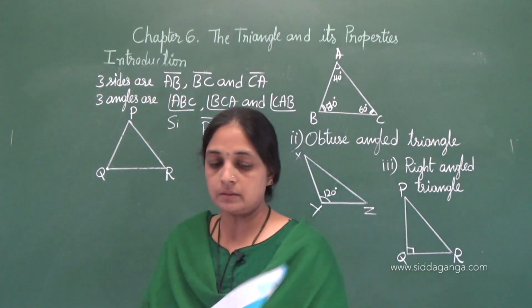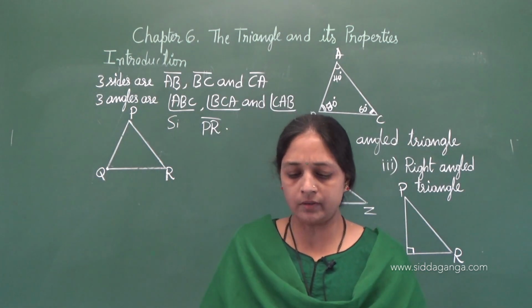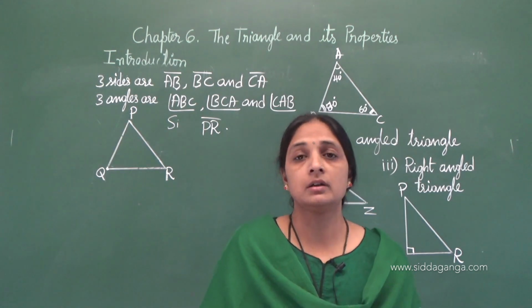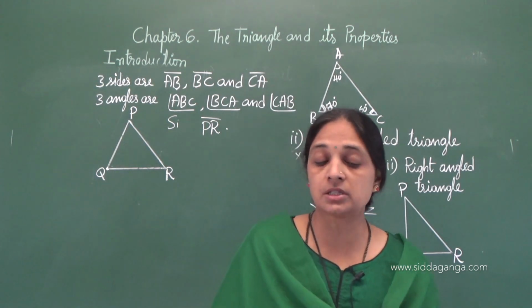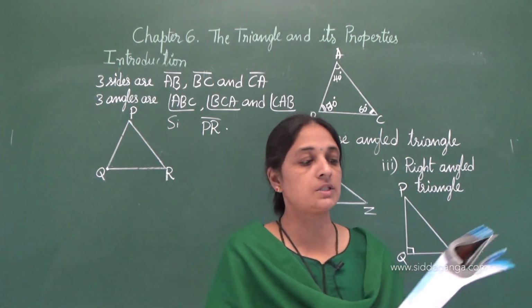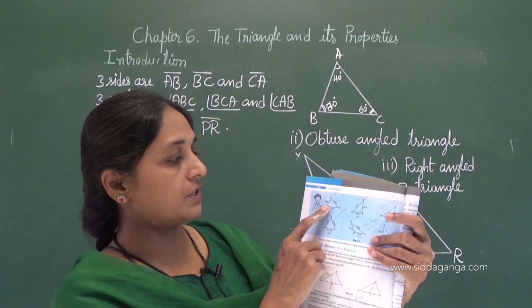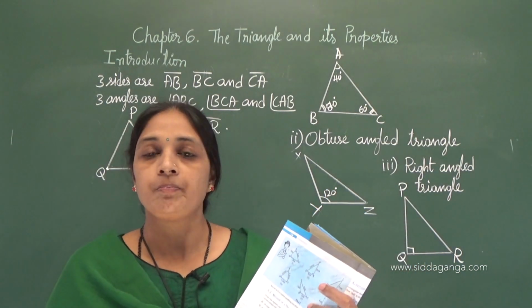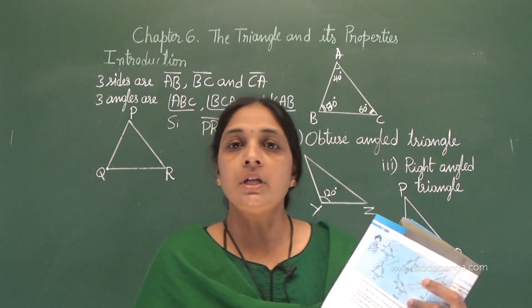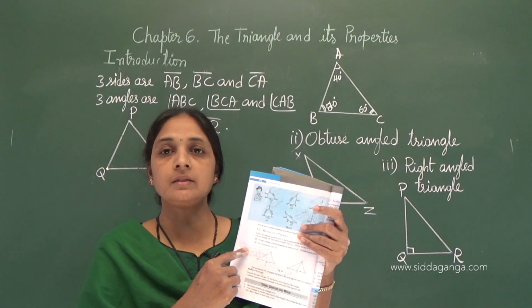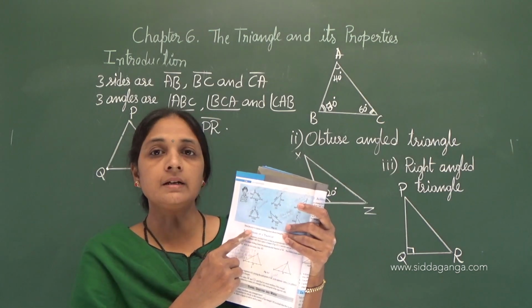Then they have given some triangles here, and you have to identify them on the basis of their sides and angles. In the first one they have given 5 centimeter, 8 centimeter and 8 centimeter. These two sides of this triangle are the same. The lengths of those two sides are the same.